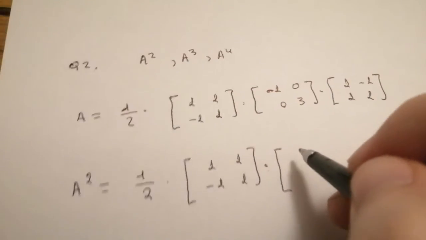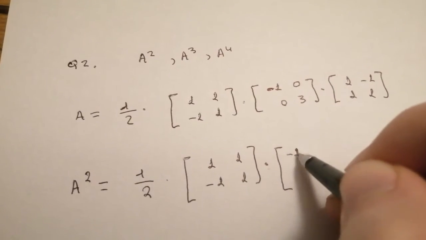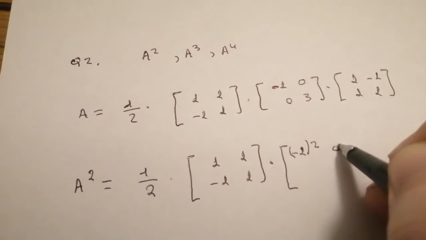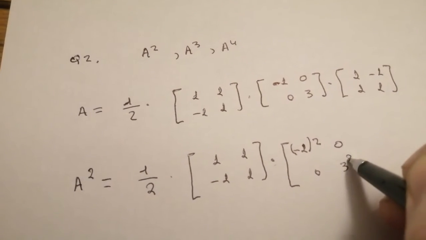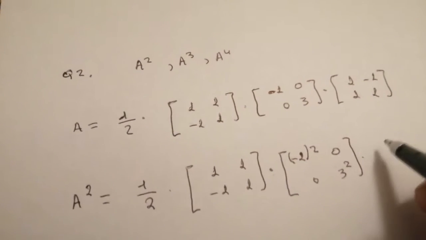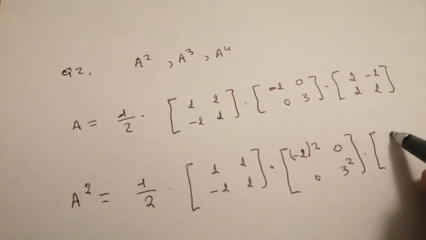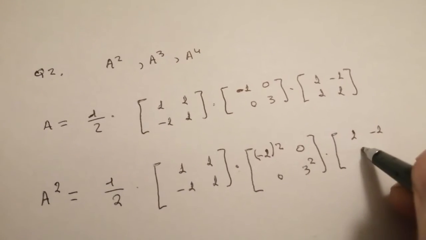Now here we have to pay attention because it's minus 1 squared, 0, 0, and 3 squared. There is a theorem that allows me to do that, but I'm not going to put the details and the proof.